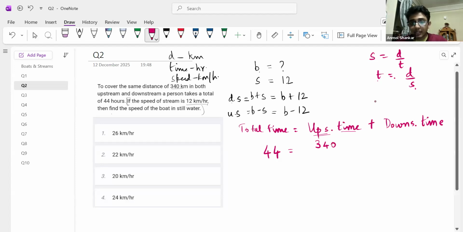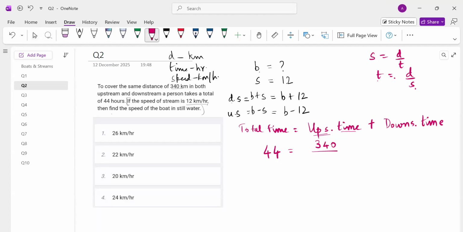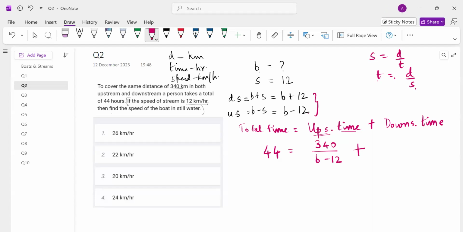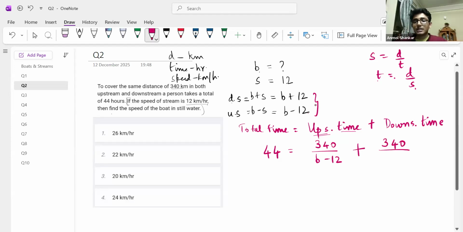I've written the distance; divided by the upstream speed, which is B minus 12. That is what we wrote first. This is the upstream time, plus similarly the downstream time: distance divided by the downstream speed. The distance is 340 divided by B plus 12. Very good. The same distance, but the speed becomes plus because it is downstream.